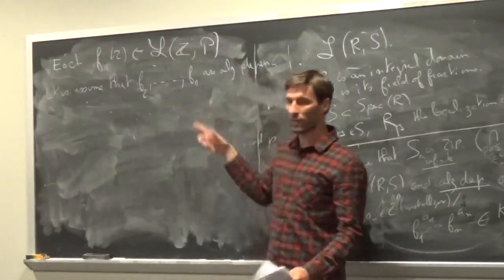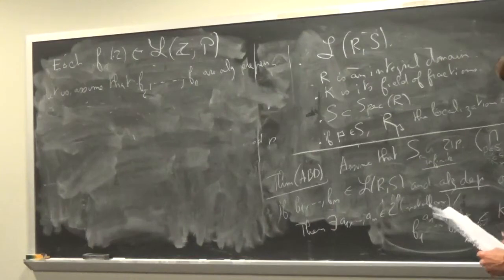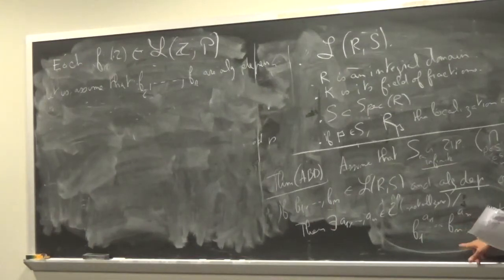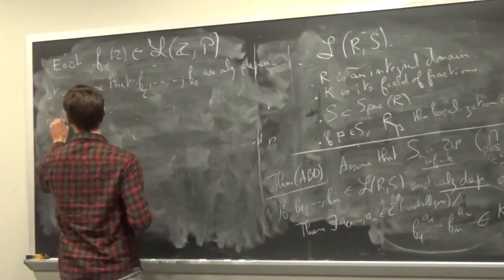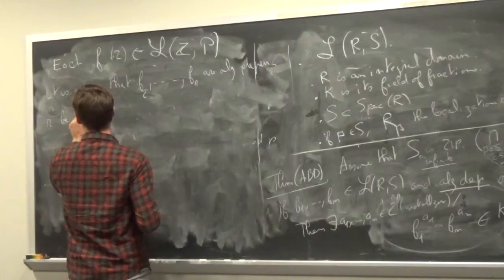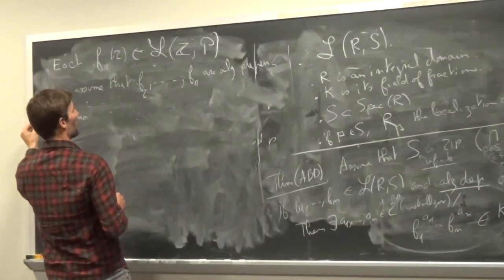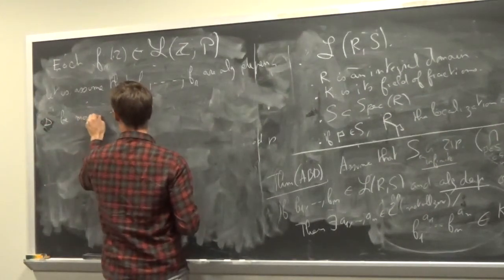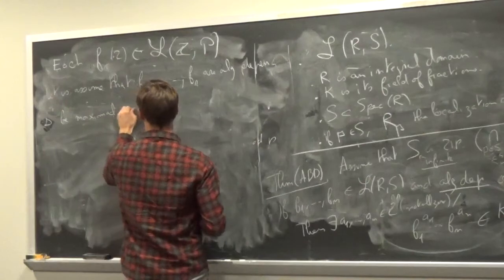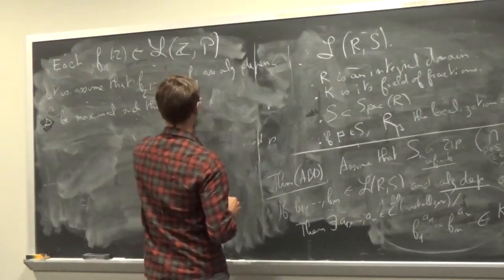So assume that there is an algebraic relation for some r. Then I get something like this with coefficients A1, ..., Ar. And I choose s to be maximal such that A_s is non-zero.